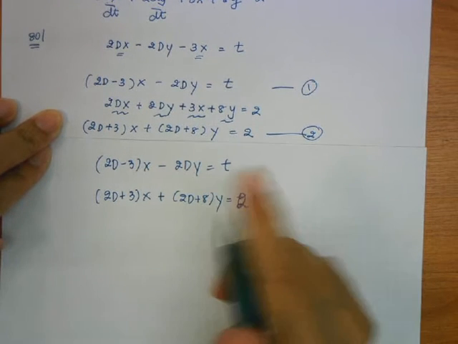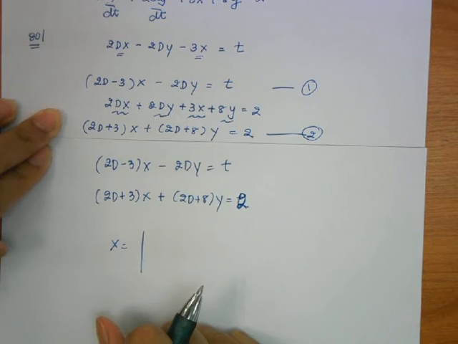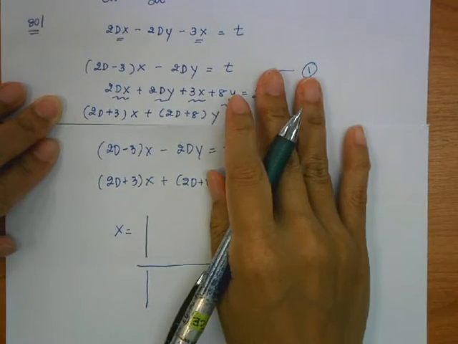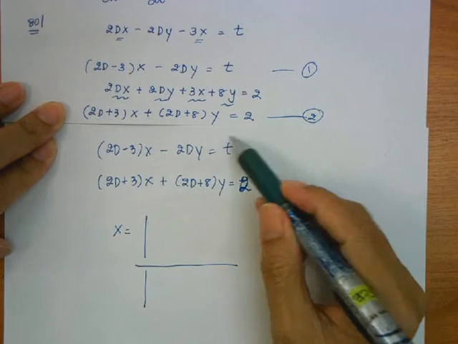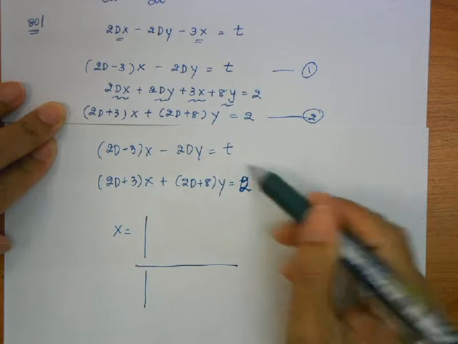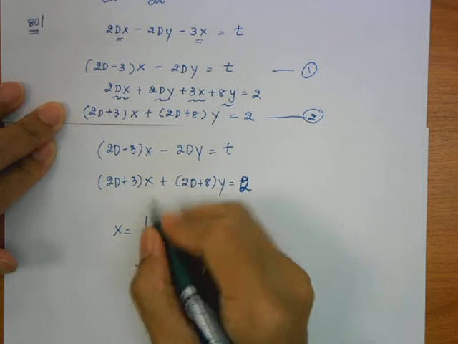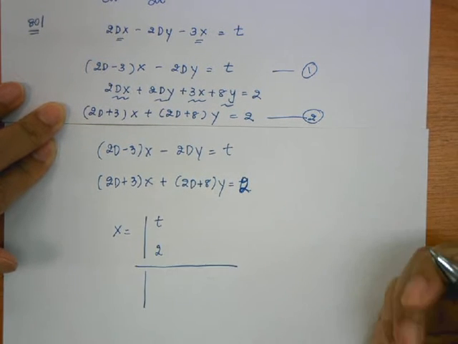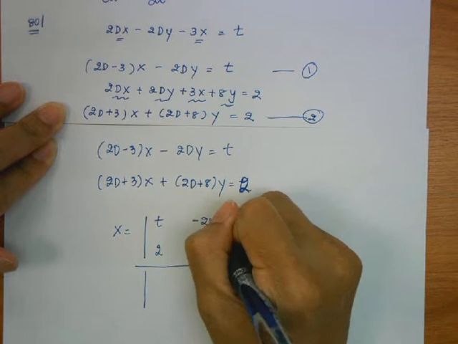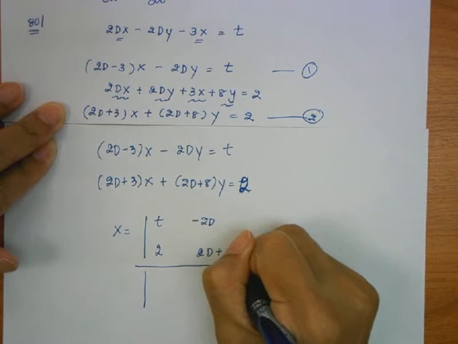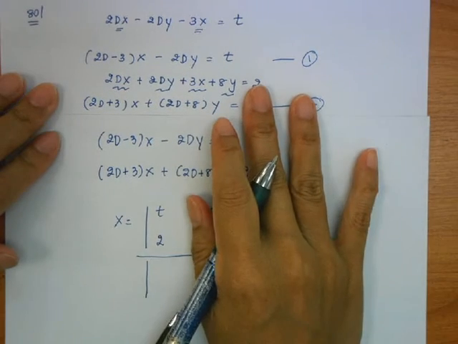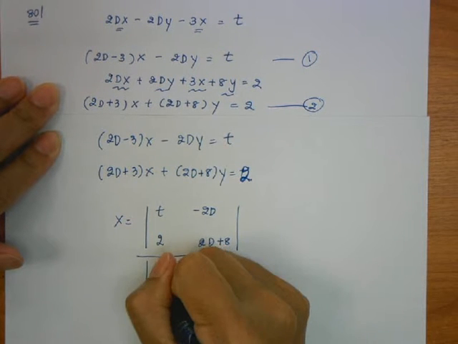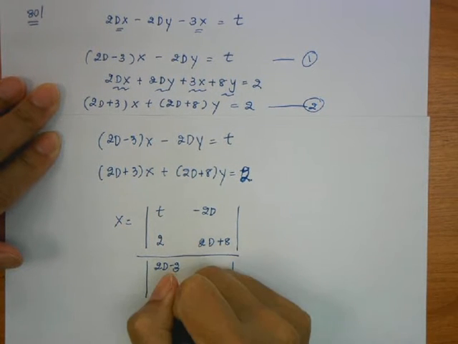You can find x by using Cramer's rule. Cramer's rule says that if you want to find x, the terms on the right hand side of the equation, you put them in place of the coefficients of x, so you will get t and 2 there. For y, you just keep it there. Remember, just take only the coefficients, don't put x here or y there. Divided by the coefficients of x and the coefficients of y.